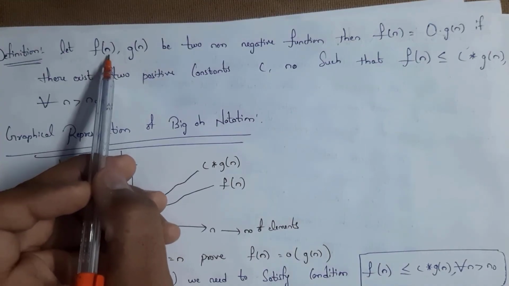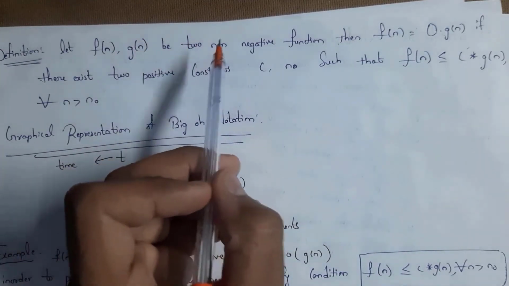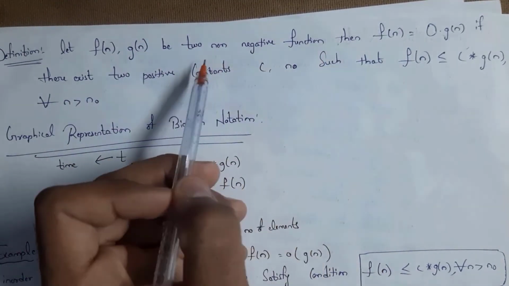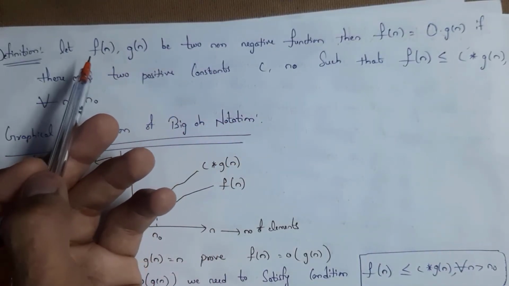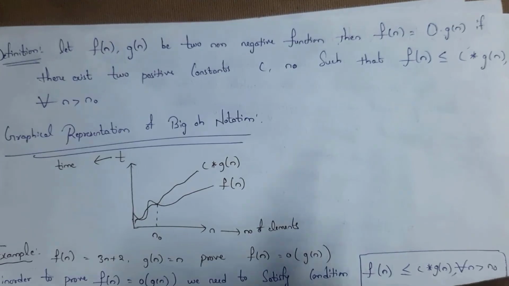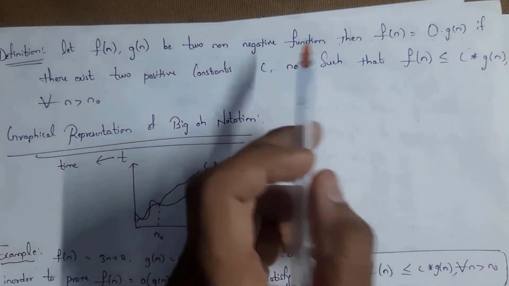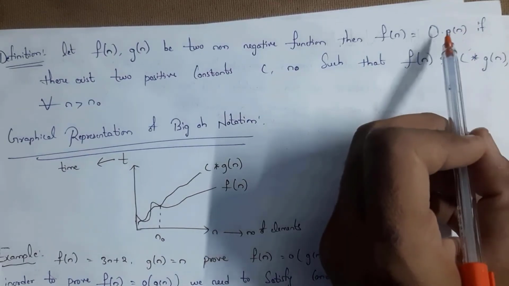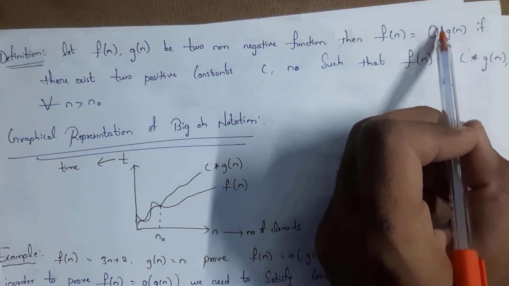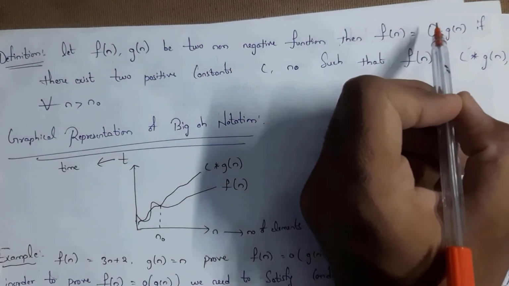Let f of n, g of n be two non-negative functions. Non-negative is nothing but positive functions. Let f of n and g of n be two non-negative functions, then f of n is equal to O of g of n. Here I took O because big O notation is denoted by the capital O symbol.